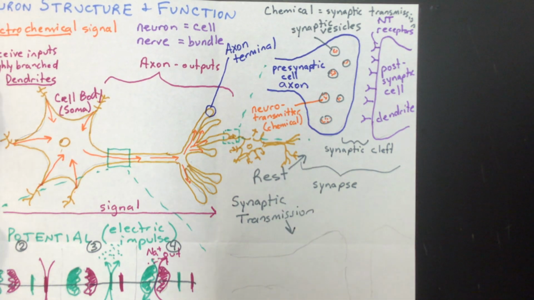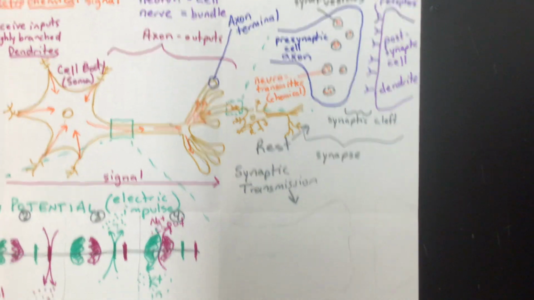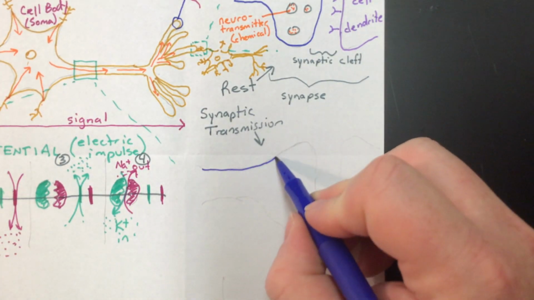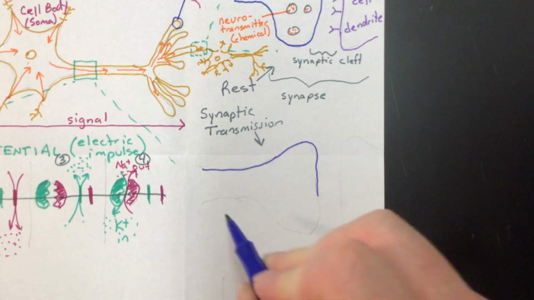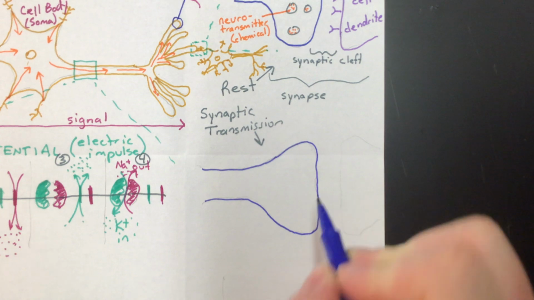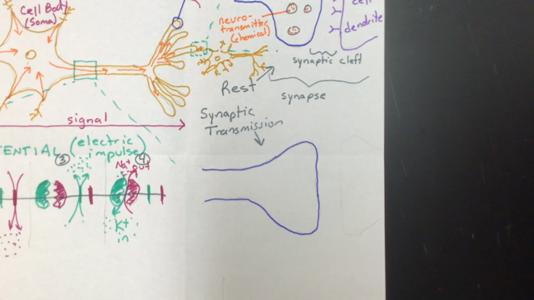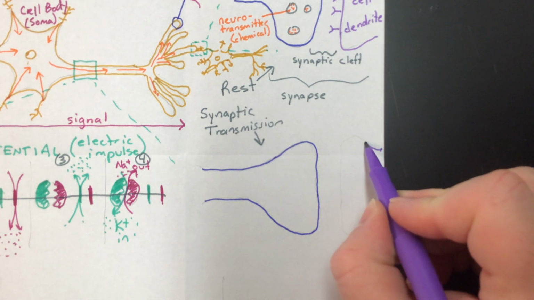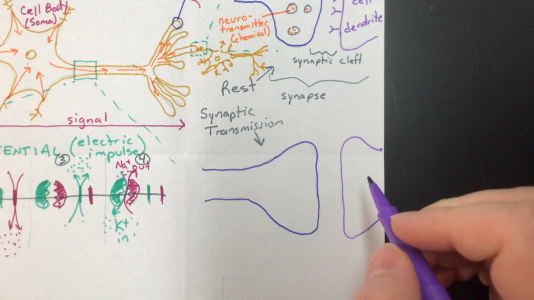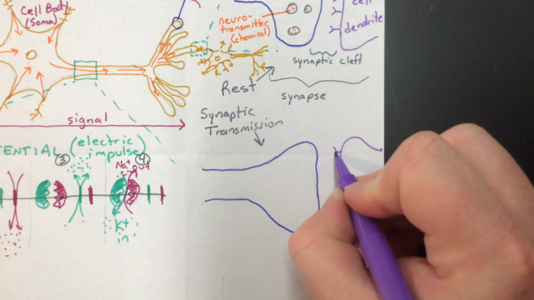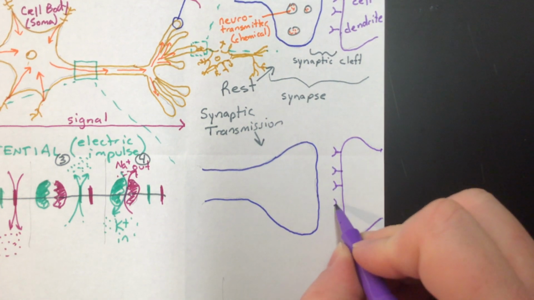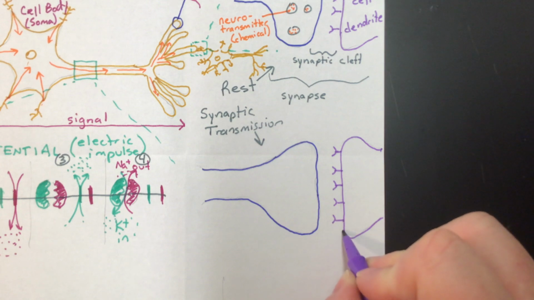So let's draw it in again. As you're drawing, try to practice and say some of these terms. So this is the presynaptic axon terminal, and our postsynaptic dendrite. The dendrite on our postsynaptic cell has neurotransmitter receptors that are really specialized.